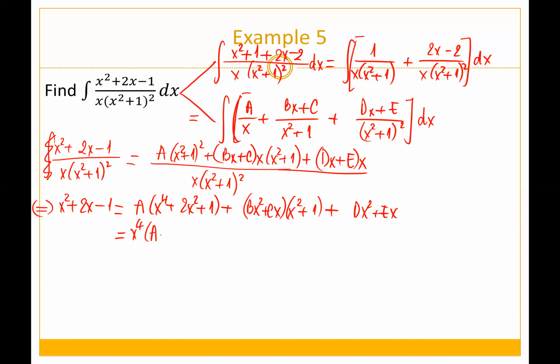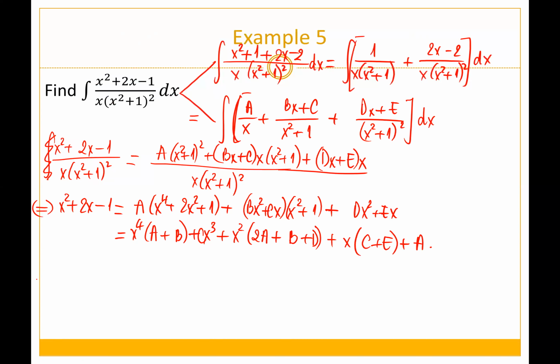Now I have a plus b, plus c x third, plus x squared, then you have 2a plus b plus d, plus anything with x, then we have c plus e. Then constant is just going to be a.